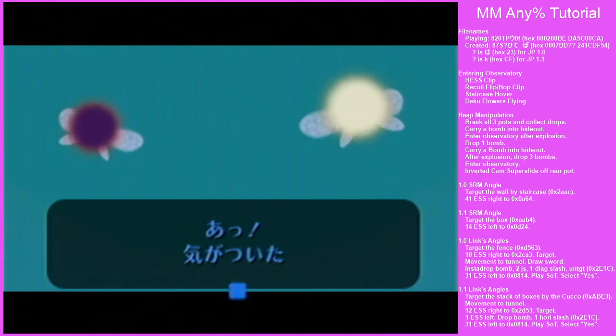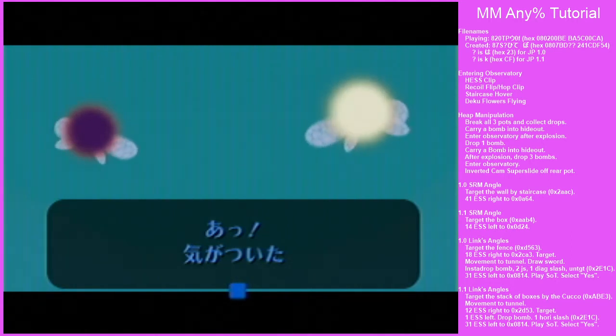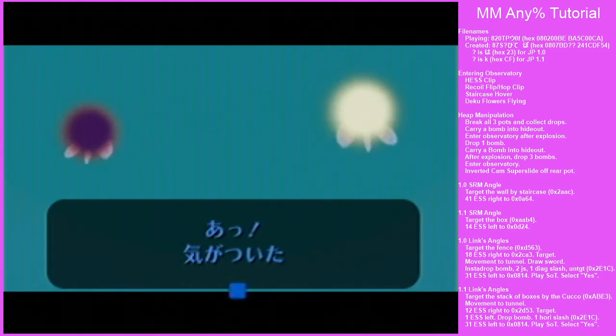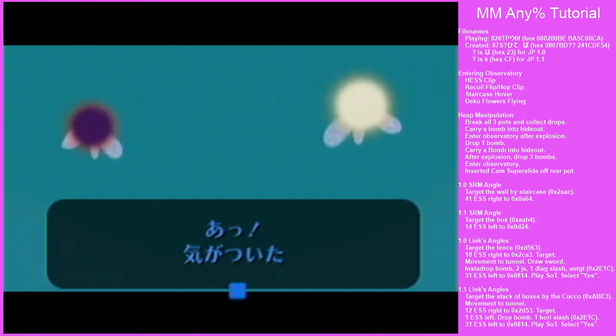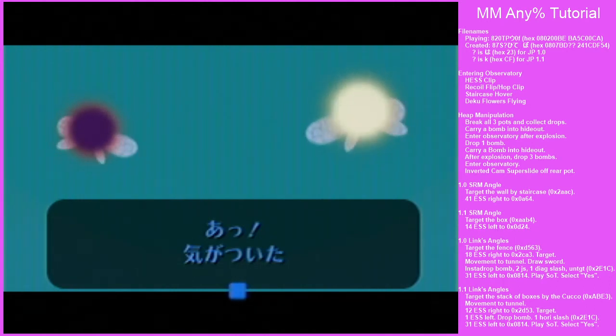These timings are only for optimal execution anyway. And they're close enough that it doesn't matter, which is great because it's really hard to tell what cart you're getting. You know you're getting Japanese Majora's Mask, but it's hard to tell from the label whether it's 1.0 or 1.1. In fact, you can't tell. So it's really nice that you can just buy a cart and not have to worry about it.